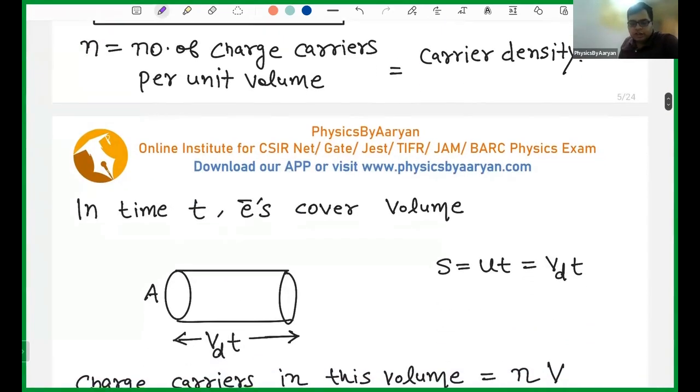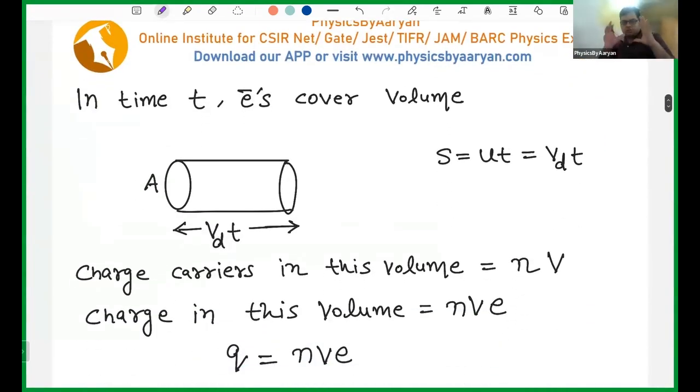A very quick proof which I have is that, let's say your electrons are moving with the drift velocity, Vd. So you take some area of the electrons, whatever electrons are there in my area A. I am taking only this section, and all of the electrons inside this section are moving with drift velocity Vd.